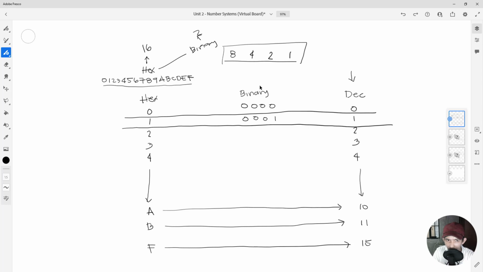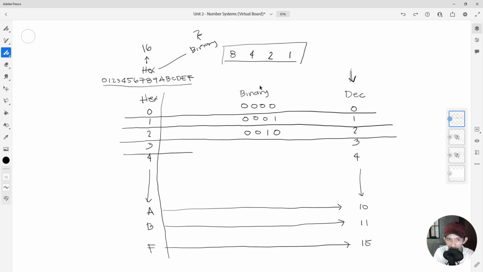Huwag na muna natin pansinin itong hex, kasi yung hex na yan, pababa lang naman yan: 0 to 9, A to F. Dito tayo magfocus sa decimal. Now, proceed tayo dito sa number 2. We have 0, 1, 0, 0. And last, sa number 3, we have 1, 1 here, and then 0, 0, or 0, 0, 1, 1. Yan ang value ng decimal.